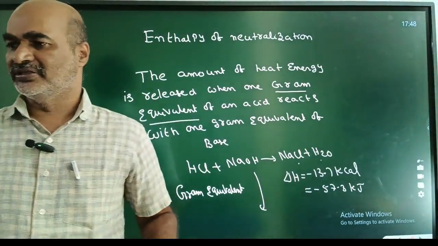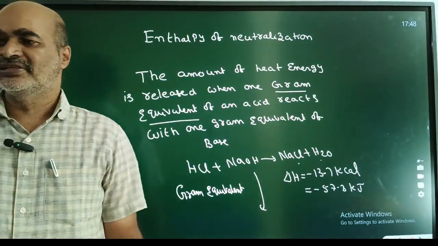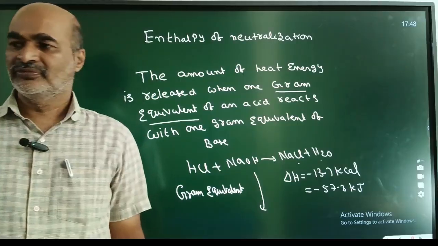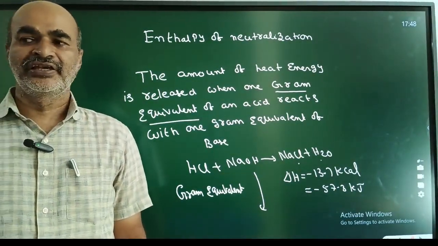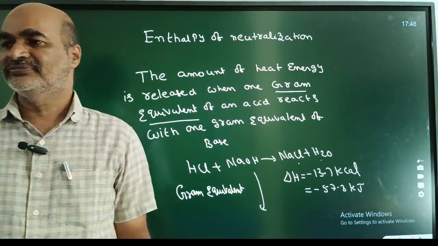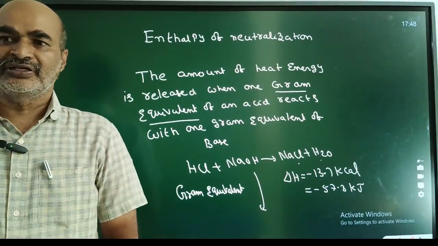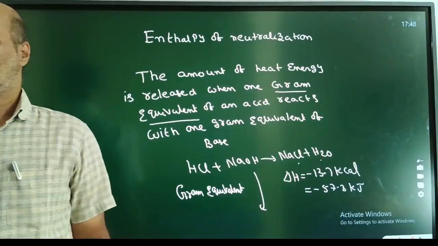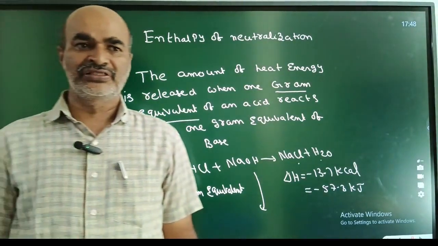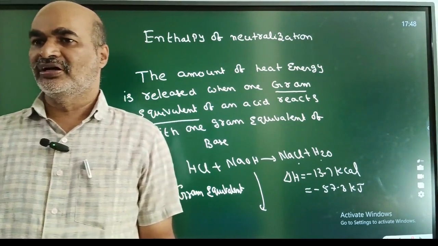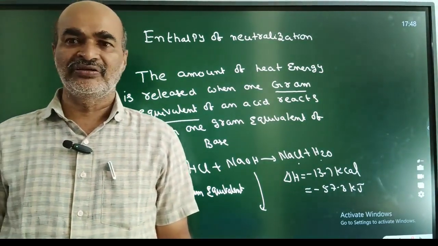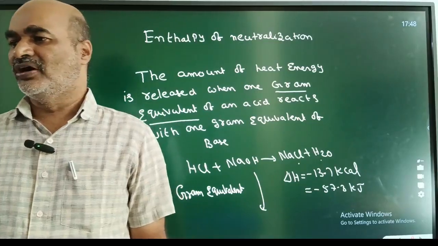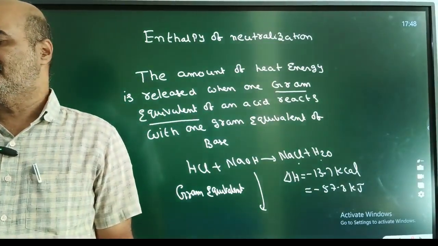So, heat of neutralization is always an exothermic reaction. So, what is heat of neutralization? The amount of heat energy always released when 1 gram equivalent of an acid reacts with 1 gram equivalent of base to form 1 mole of water.